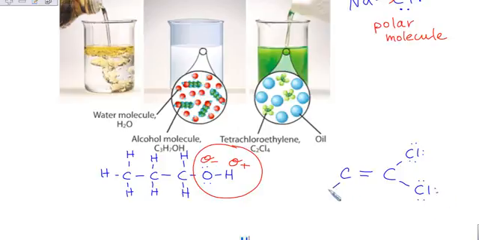You will not need to draw Lewis structures for the solution test, but sometimes it's helpful to know where we're coming from, why these mix or not mix. This is a nonpolar molecule. If you look at each carbon and really the entire structure, the chlorines are evenly distributed around the center carbons. This would be a nonpolar molecule, which is why it would not mix with water. And it does mix with oil.